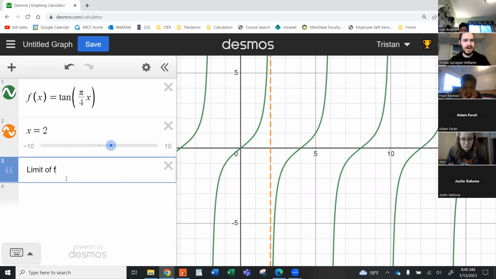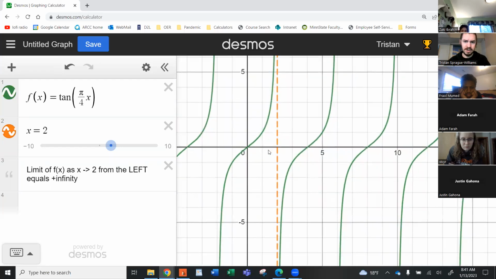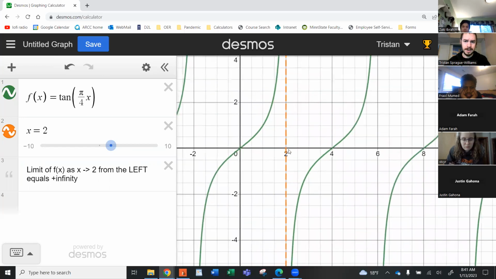Now we can say the limit of f of x as x approaches 2 from the left equals infinity. But that's plus infinity. Because as you can see, if we approach x equals 2 from the left side, it goes up.